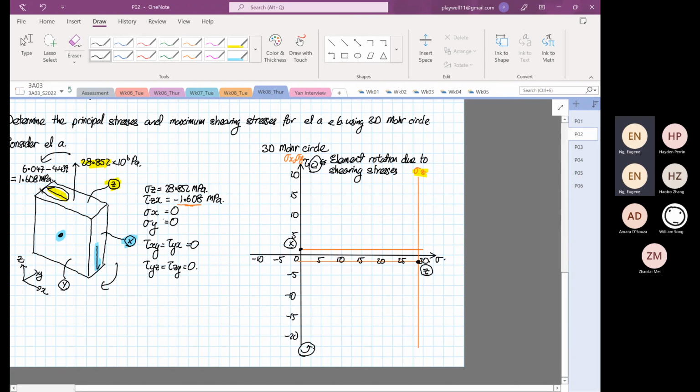Point Y has 0 normal stress and 0 shearing stress. So over here at point 0, this is your point Y. So you join X and Z first. You cannot join X and Y.